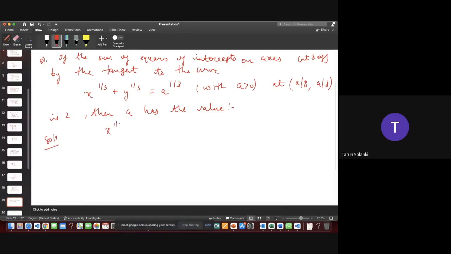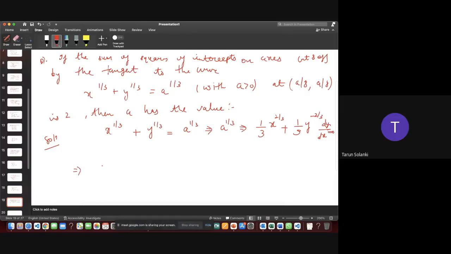solving x to the power 1 by 3 plus y to the power 1 by 3 is a to the power 1 by 3. So you can write, differentiating, 1 by 3 of x to the power minus 2 by 3 plus 1 by 3 of y to the power minus 2 by 3 into dy by dx is equals to 0. Correct?